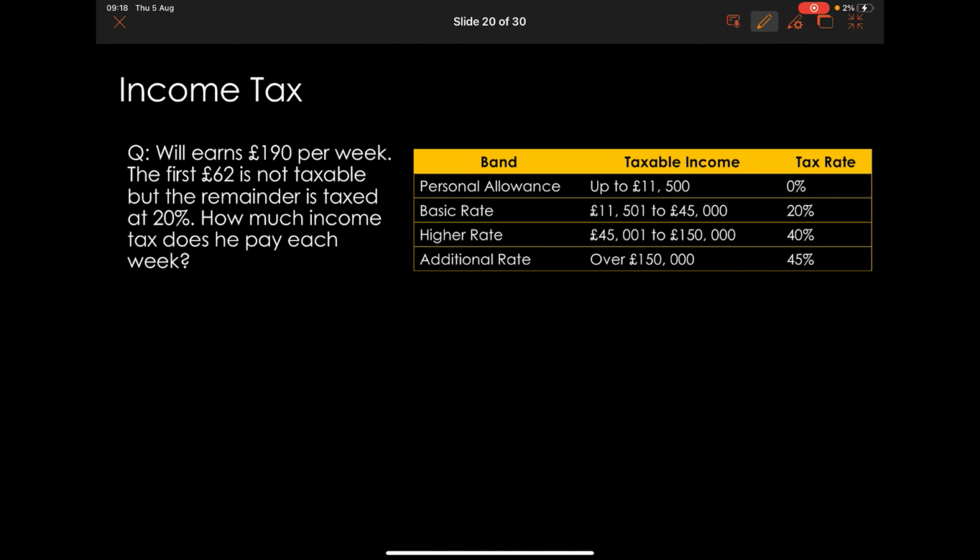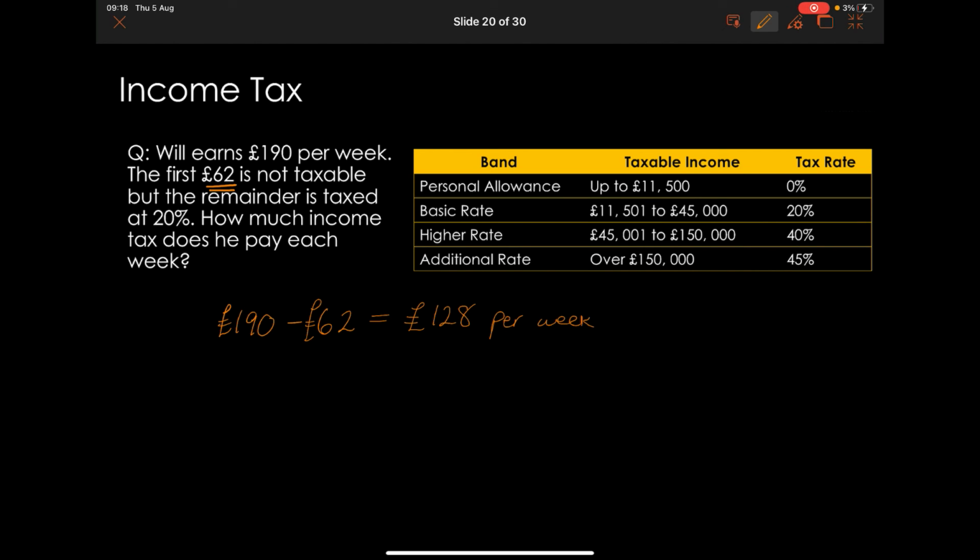So if you've had a go at that, you'll notice that the first £62 it says is not taxable, but the remainder is taxed at 20%. So what we would do there is we'd work out how much is taxable. So we would do £190 and we would take away £62, leaving Will with £128 a week.